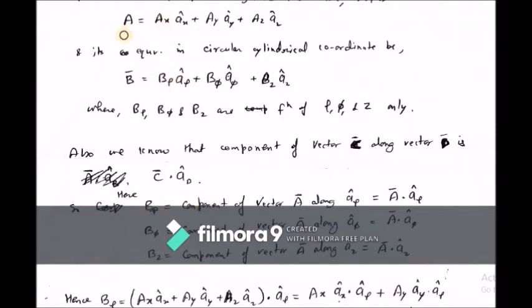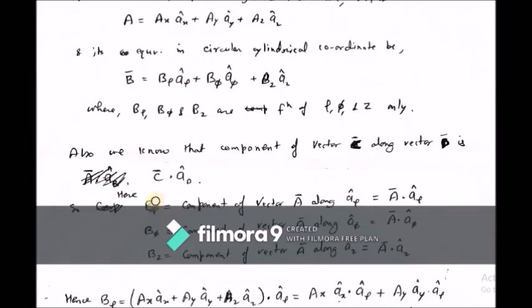This b rho is actually the component of vector a along the rho direction. This b phi is actually the component of vector a, which is in the rectangular coordinate system, but it is a vector, along the phi direction. And bz is the component of this vector a along the z direction.